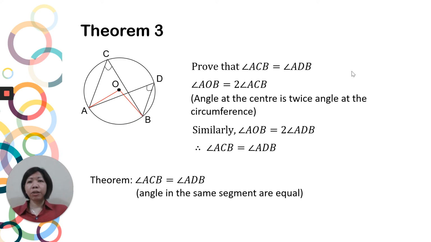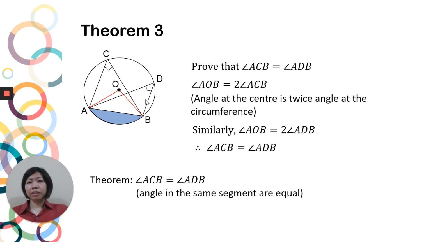Okay. Let me recall the meaning of segment from earlier on. I told you that you can divide a circle into two sections by drawing a chord. So here I have a chord AB, and I have this blue area, which is called the minor segment, and the white area, which is called the major segment.